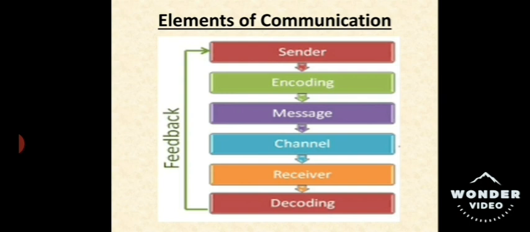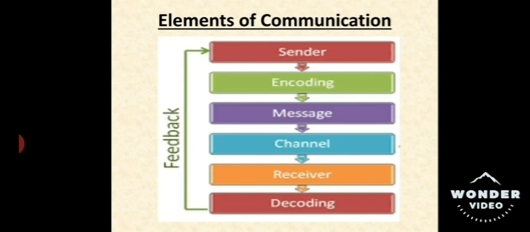Then only he would understand the message, otherwise, he would not. Or take another example. Suppose the sender is sending a message in French and the receiver could not understand French. So he could not decode the message. So decoding is understanding the message by the receiver.